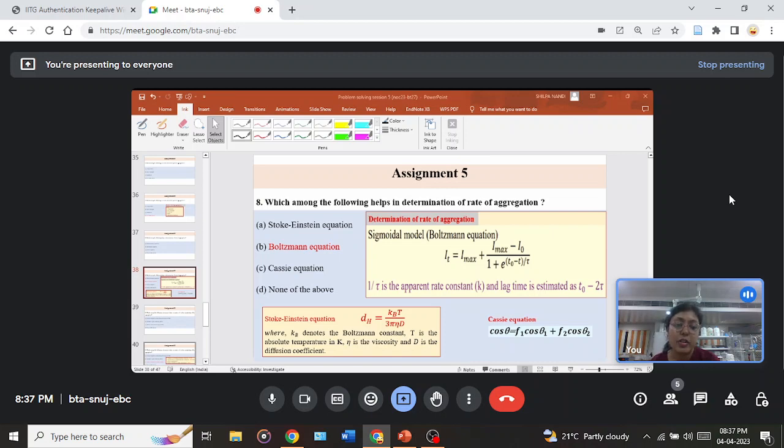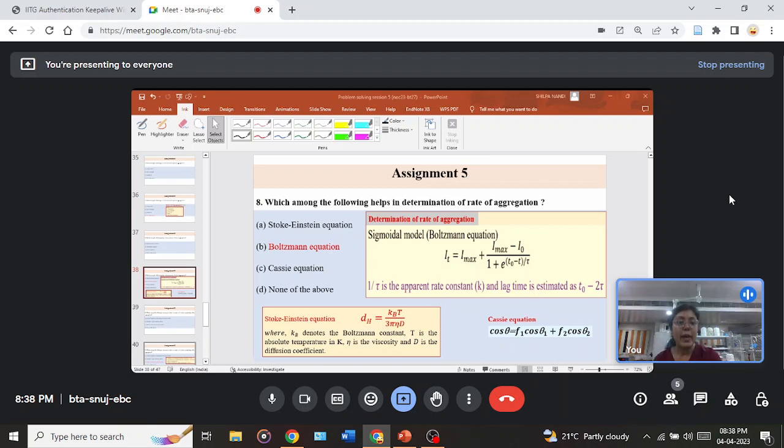F2, if you take it as octyl, Fo, is the fraction of octyl modified surfaces, and theta 2 is the contact angle of octyl modified surfaces. So this particular equation also does not have your K, that is rate of aggregation. So this equation also does not help us to determine the rate of aggregation.